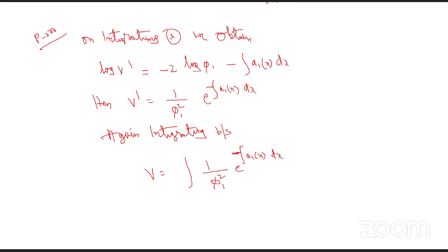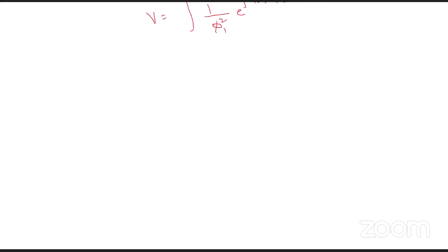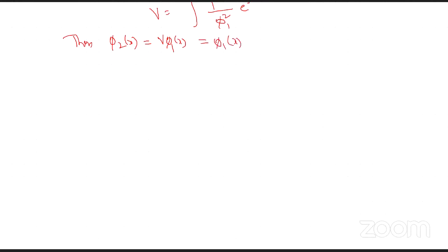So the other linear independent solution here is phi 2x equal to v phi 1 of x, that equal to phi 1 of x integration 1 by phi 1 square of x, e power minus integration a1x dx.